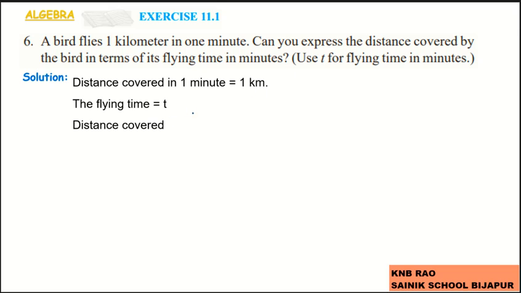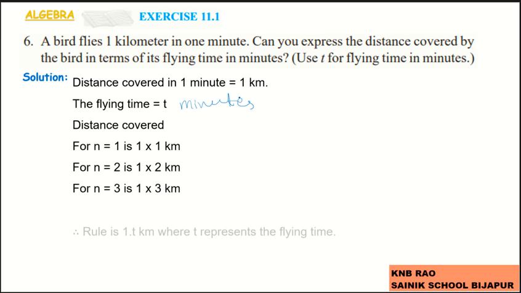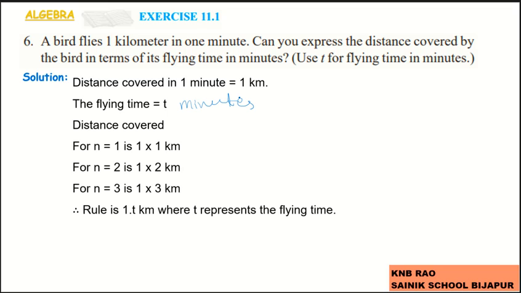So the total distance that it covers will be T into 1, so 1T or T kilometers, because in 1 minute it covers 1 kilometer, so in T minutes, T kilometers. So that is the rule.